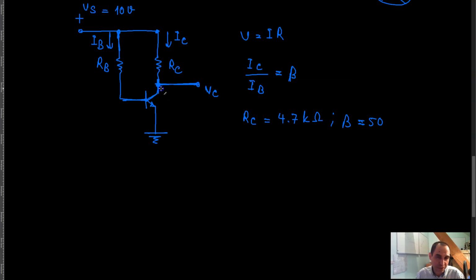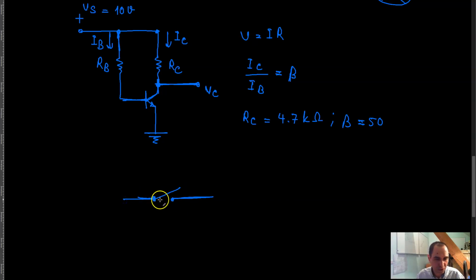And when that happens, we say that the transistor is saturated or turned on, meaning that there is no voltage drop across the collector emitter junction, meaning that it is functioning like a closed mechanical switch.